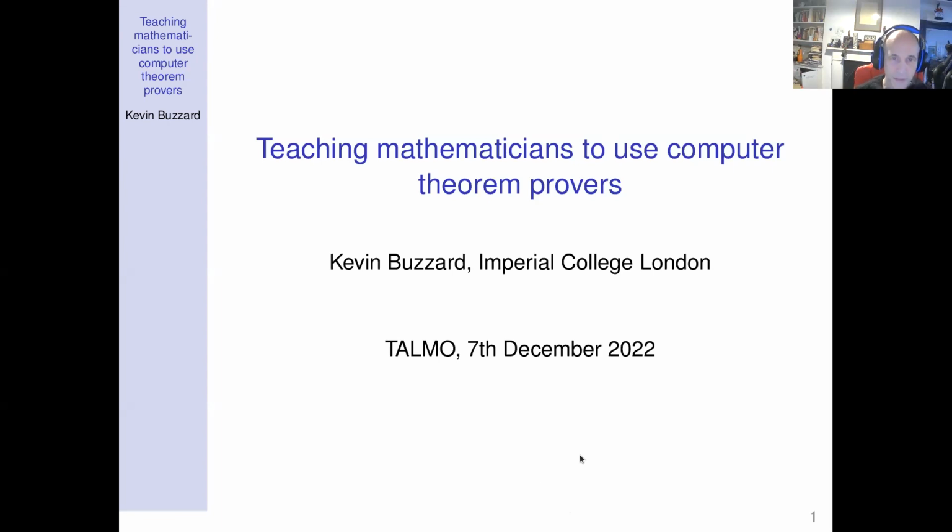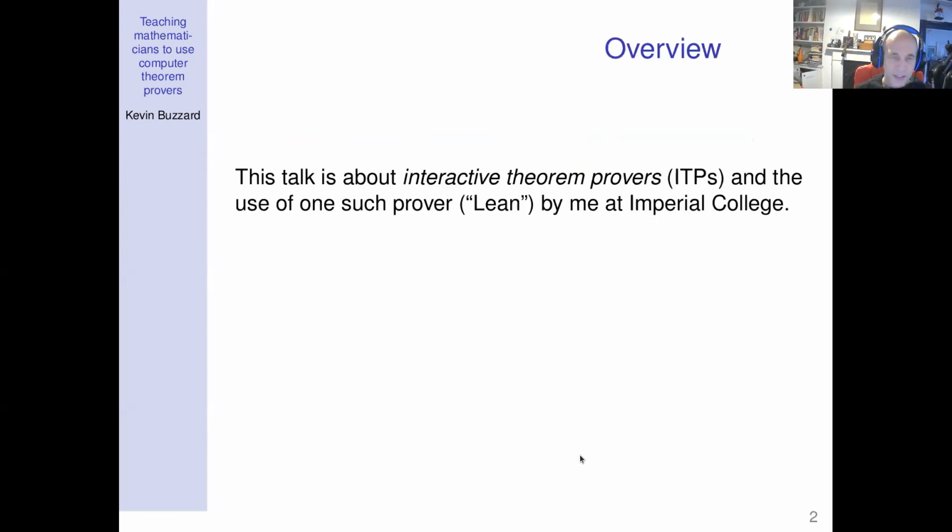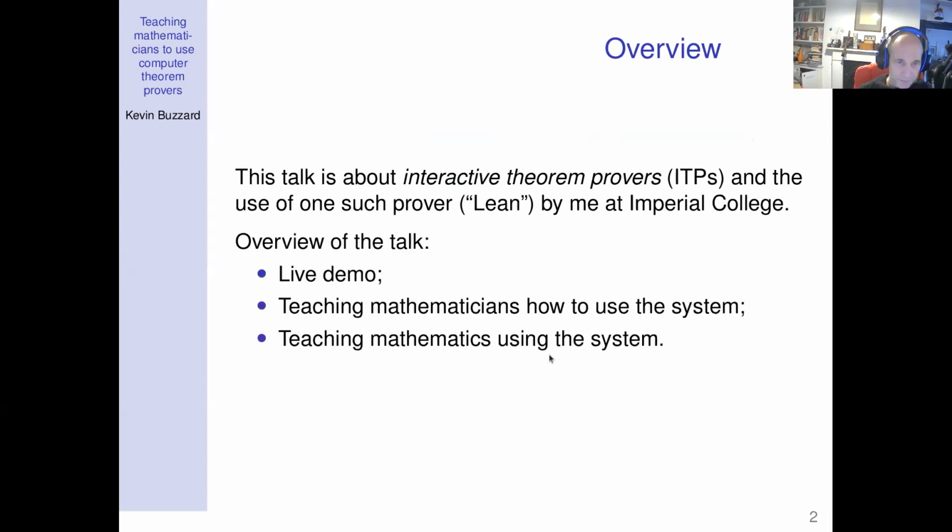So this is about an ongoing experiment that I'm doing with my career and with my undergraduates. It's about very complex pieces of software called interactive theorem provers, and the use of one such prover by me at Imperial College in London.